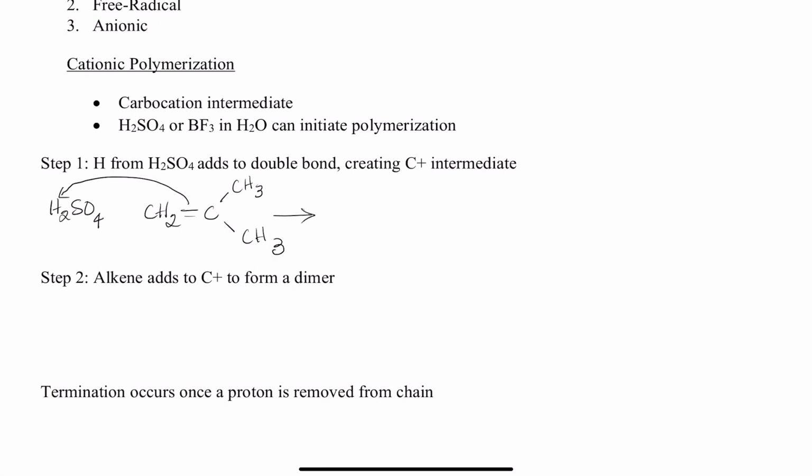So in doing so, we have CH3, CH3, CH3, and now we have our carbocation. This is going to be our isobutylene. This is going to be our monomer.